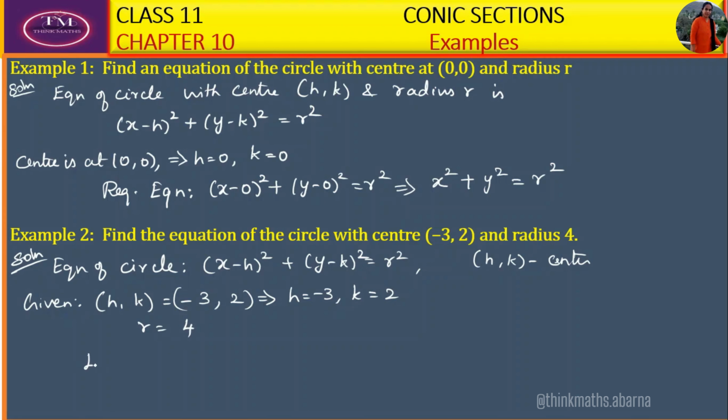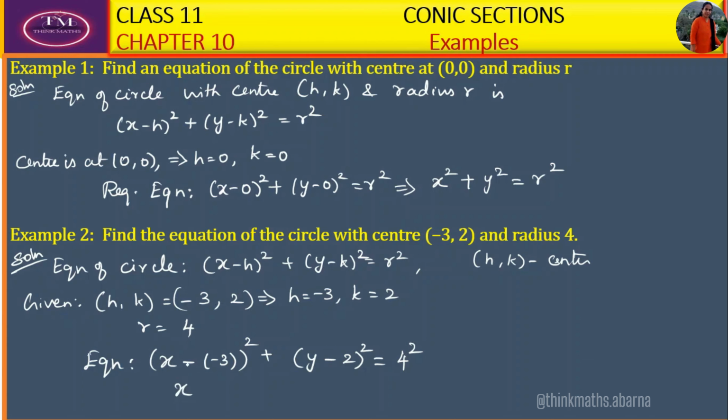Now we have to find the equation. The required equation is, instead of h, we have to put minus 3, whole square, plus y minus, what is k? It is 2. Y minus 2 whole square equal to, the radius is 4, so it is 4 square.